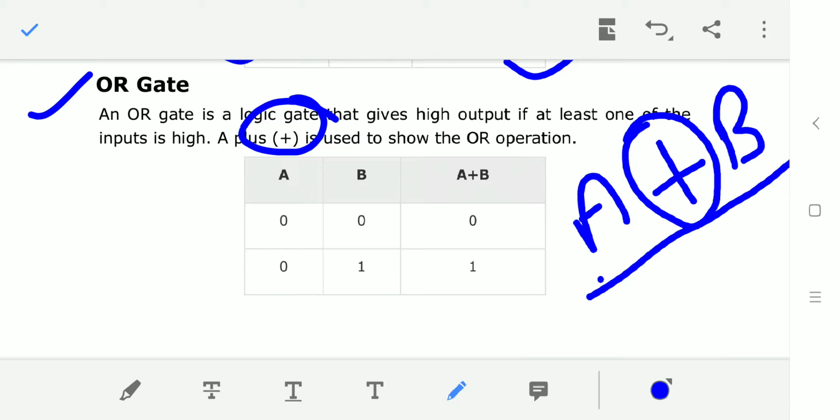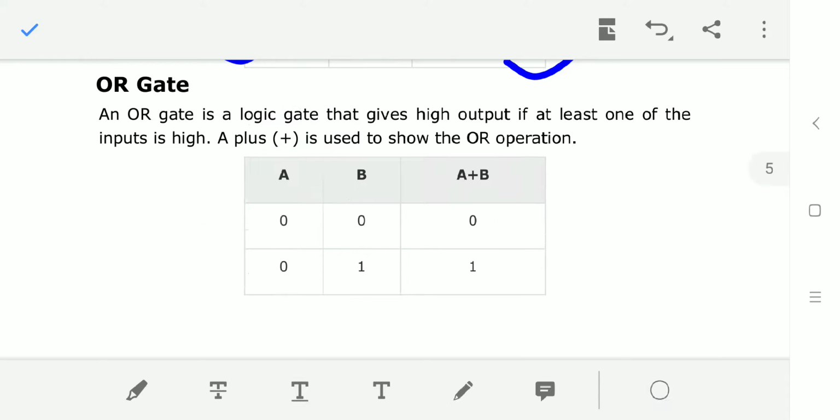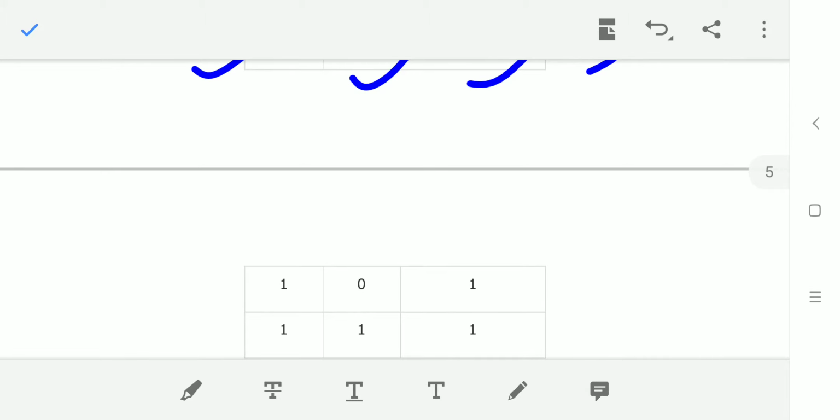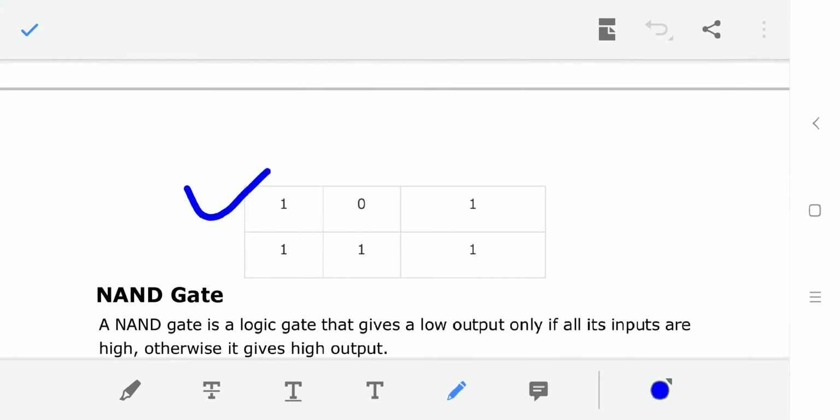If the value of A is 0 and B is 0, then A or B will also be 0. If the value of A is 0, B is 1, then the value of A or B will also be 1. In this way, A is 1, B is 0, value is 1.